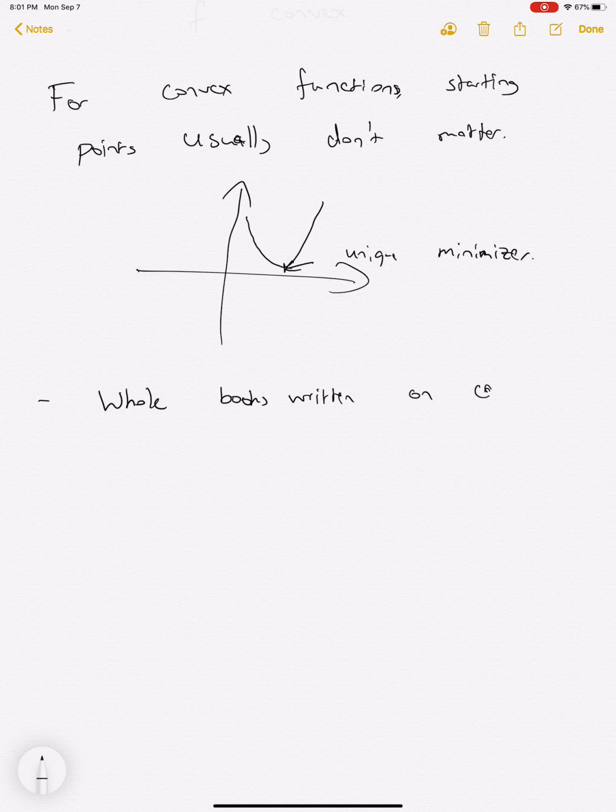There are whole books written on convex optimization, so we're trying to minimize convex functions. We're going to see that come up in the next section, when we talk about going past linear models to generalized linear models. But I just wanted to touch on it here.